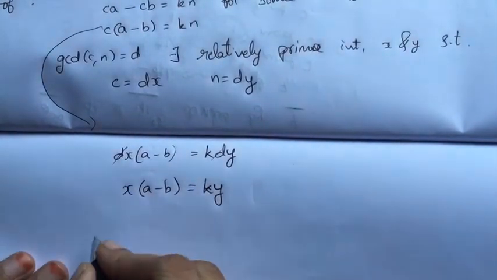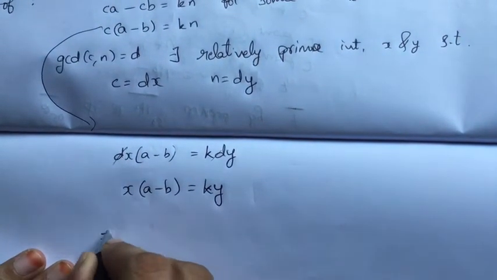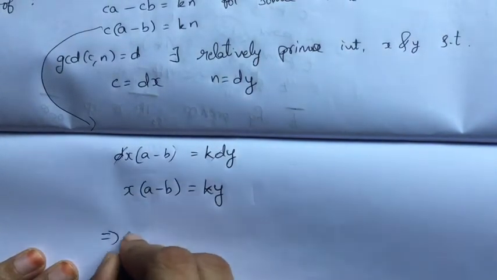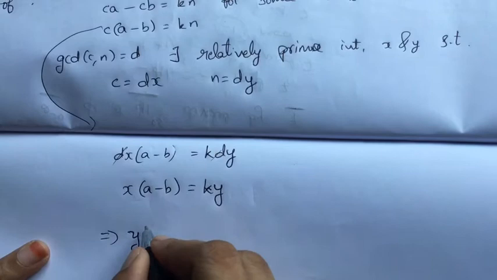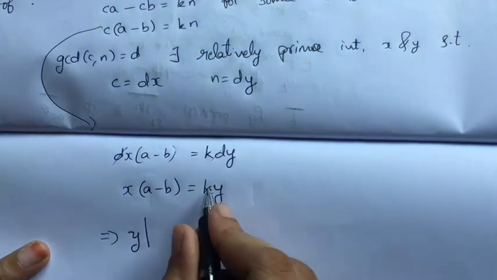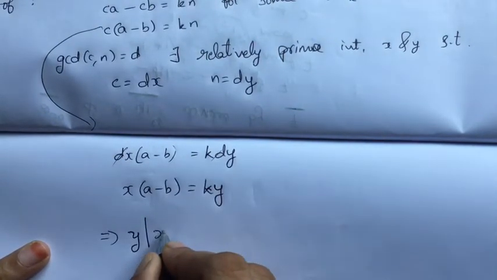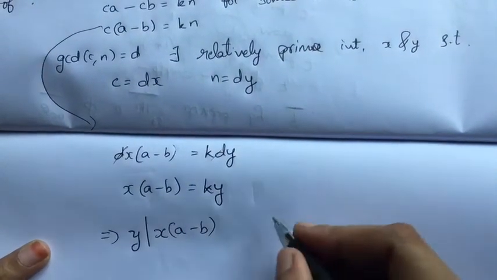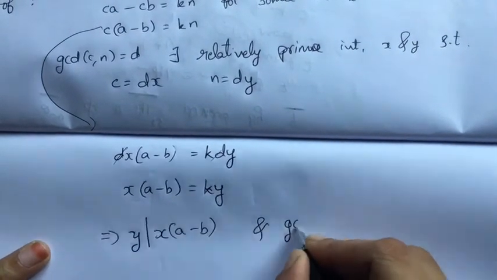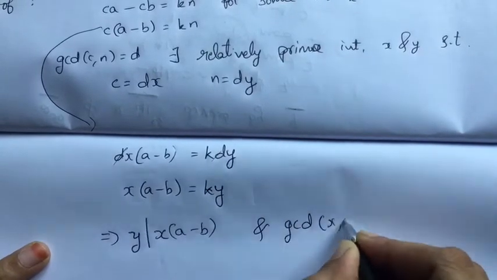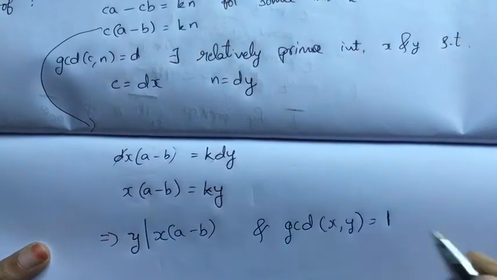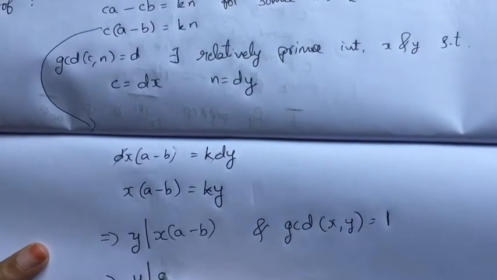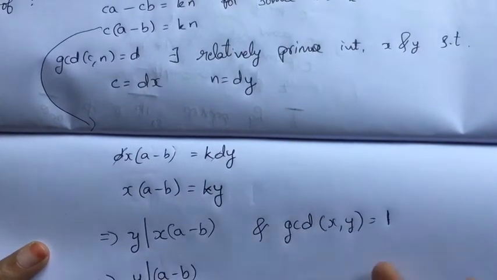Now it implies that y divides x into A minus B, since k is some integer, and we know GCD of x and y equals 1. Therefore, I can say y divides A minus B. This theorem we know.